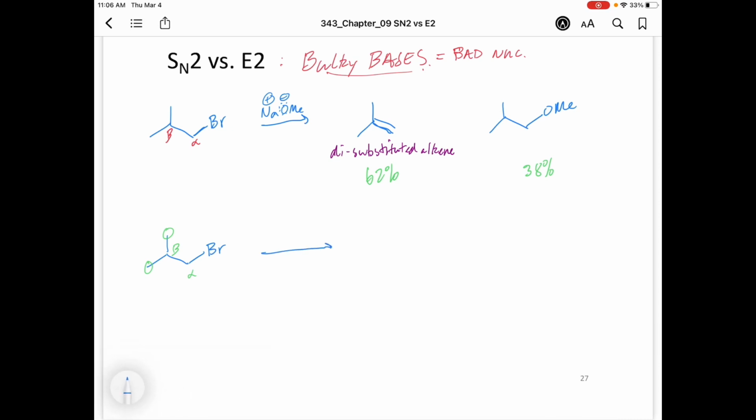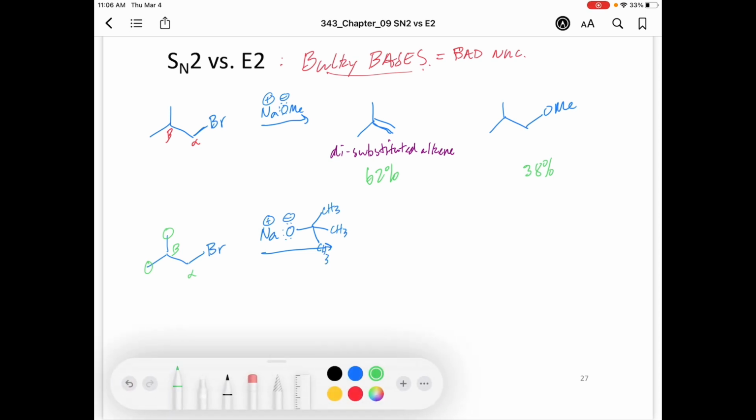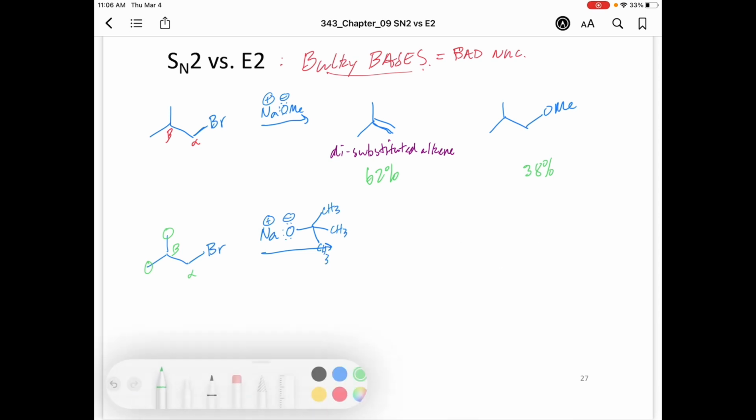We're now going to use a bulky base, tert-butoxide. Now on your paper it doesn't look that big, but don't forget these are CH3 groups. This thing's huge. Let's label this as our bulky base.